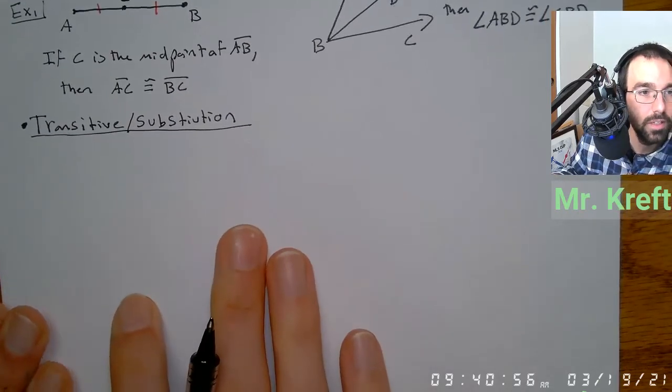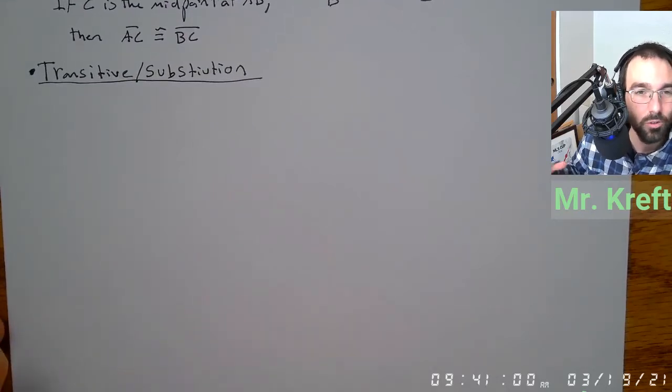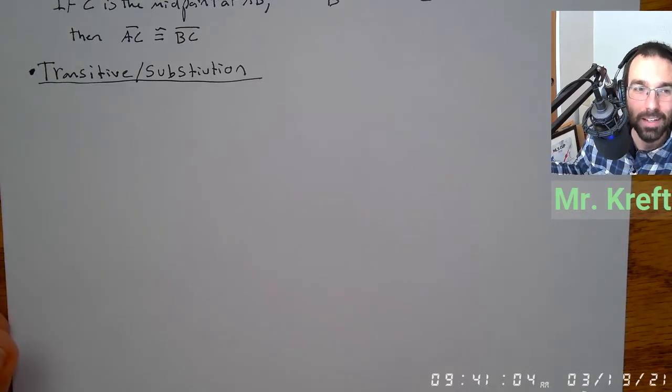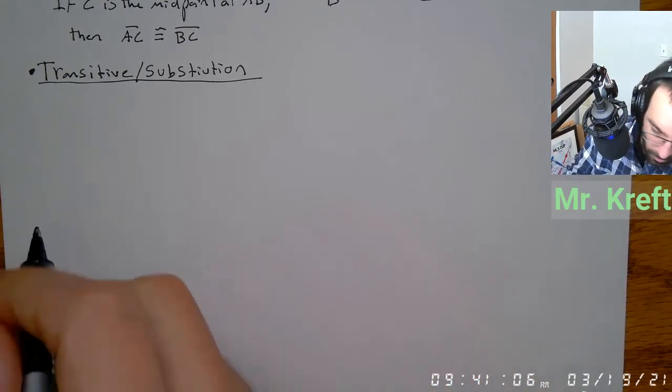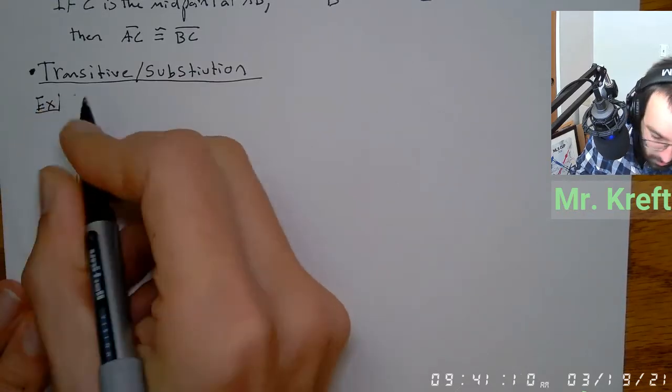Okay, now I'm going to put transitive and substitution together because they're so similar that the differences are so minor that even if I told you the difference between them, you won't remember it in a year. So let me just give some examples rather than defining them.